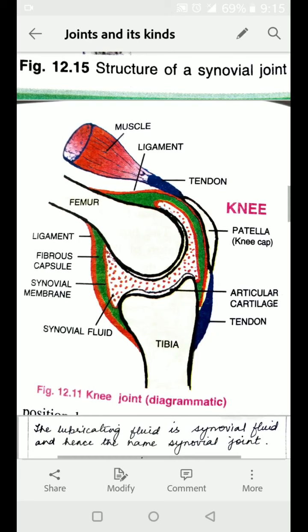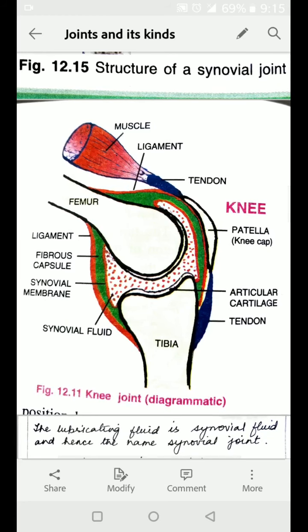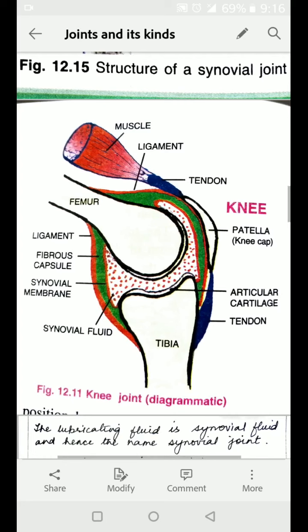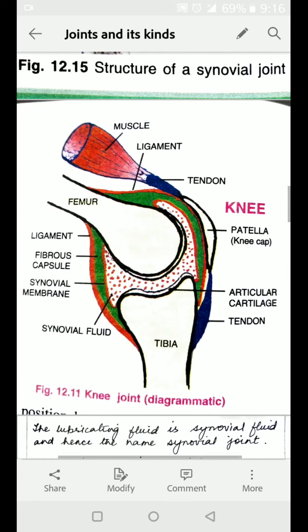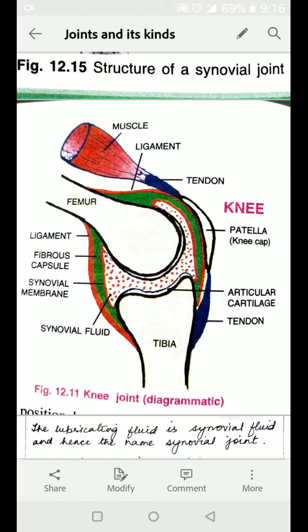Now you can see that in this joint the ends of the articulating bones are covered by a thin layer of cartilage, and the entire joint is enclosed within a tough synovial capsule.